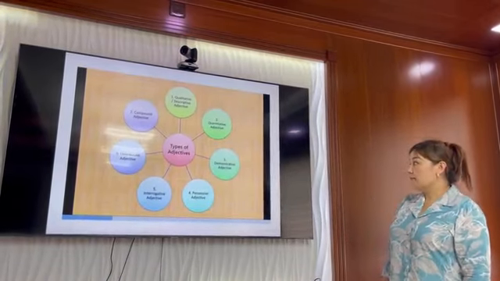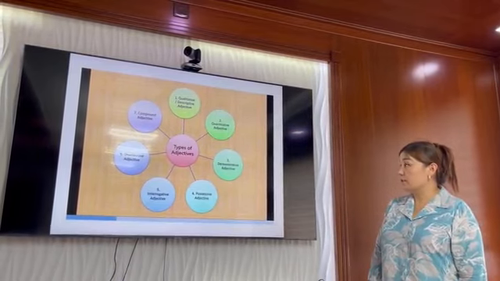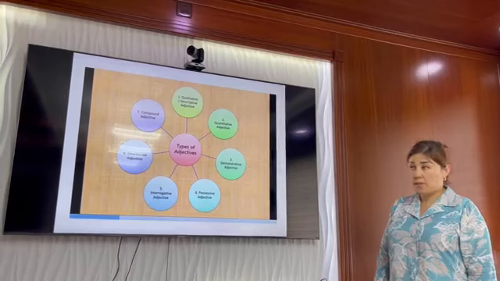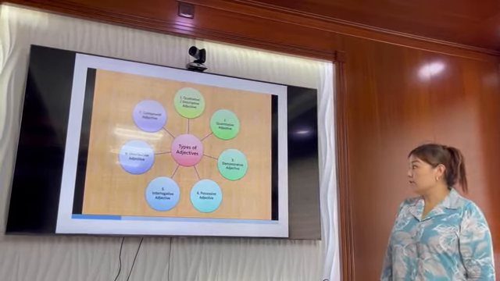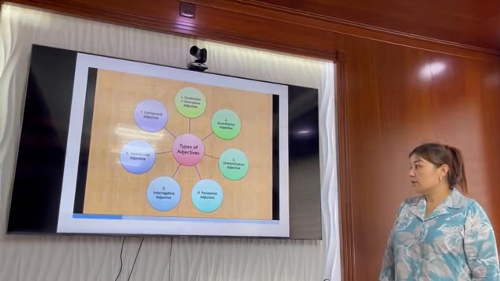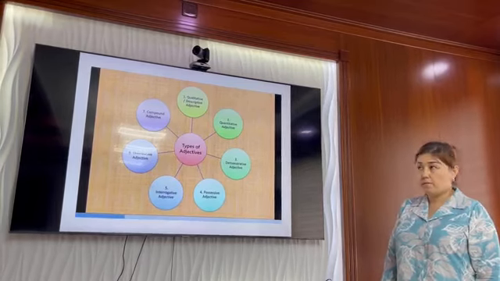And we have some types of adjectives: qualitative or descriptive adjective, quantitative adjective, demonstrative adjective, possessive adjective, interrogative adjective, descriptive adjective, and compound adjectives.